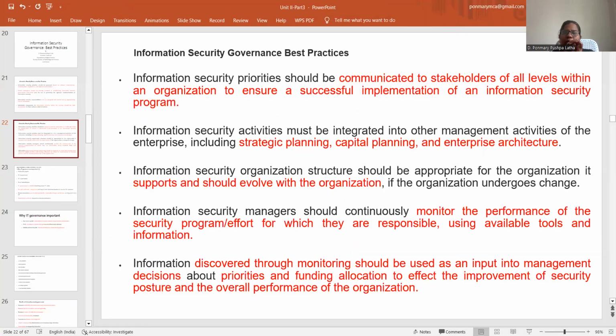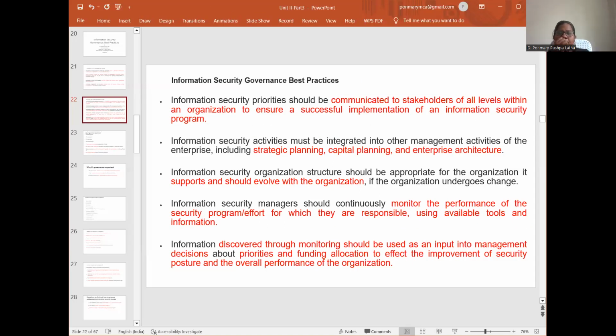Here, we will be having the strategic planning, capital planning, and the enterprise architecture. We are following the enterprise architecture, and different levels of administration will be there. Everyone will have to follow the framework which is communicated to them.